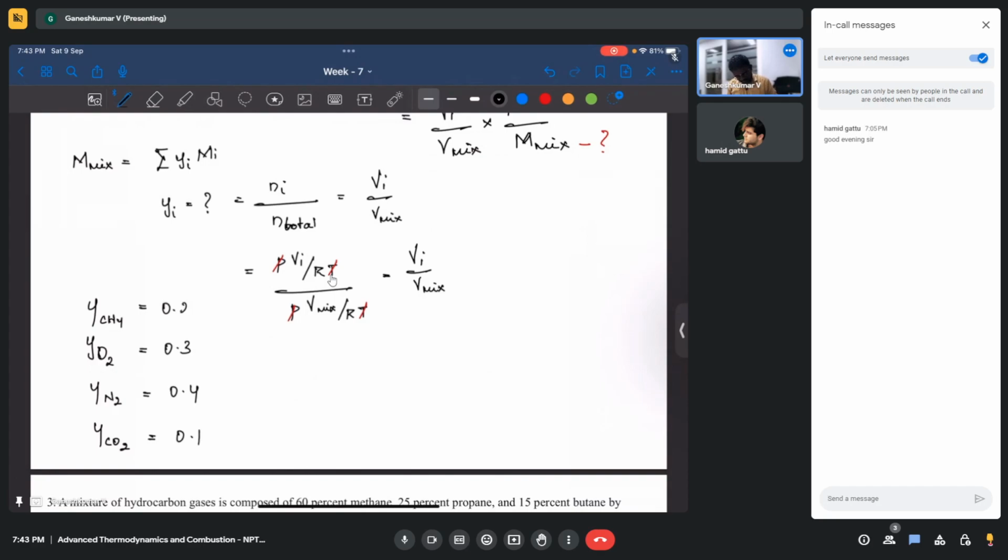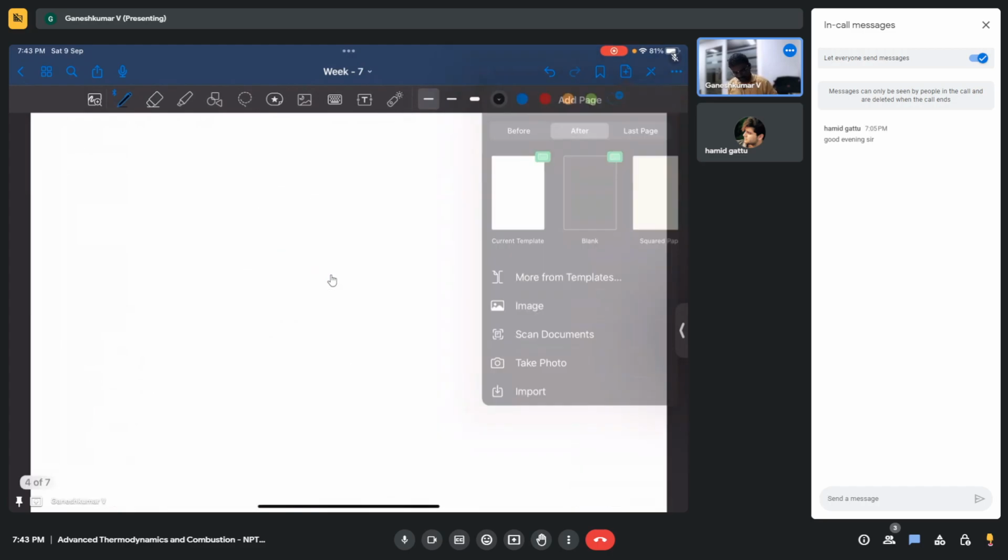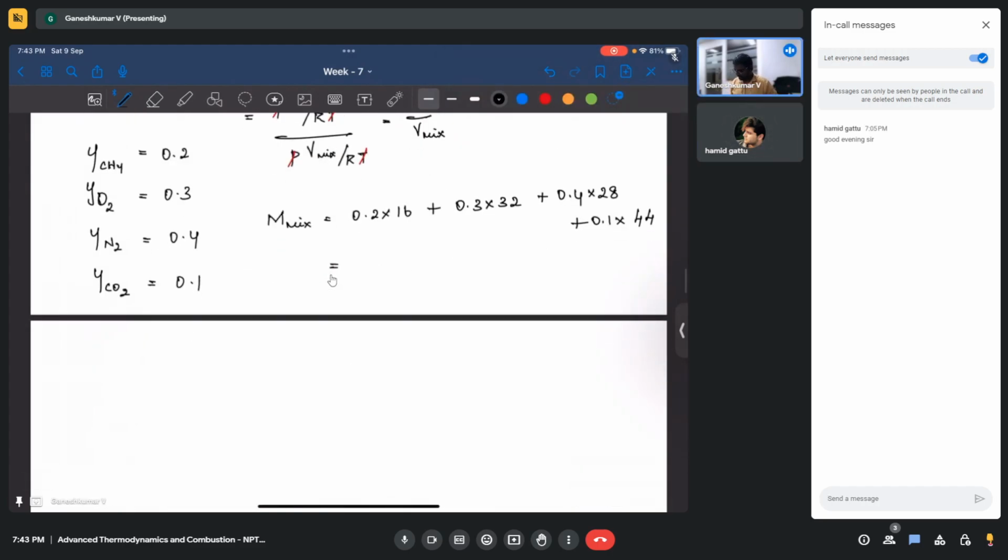Then the molecular weight of the mixture is going to be 0.2 times CH4, which is 12 plus 4, 16, plus 42, minus 20, 28, minus 45, 44. I'm getting 28.4 kg per kilomole.